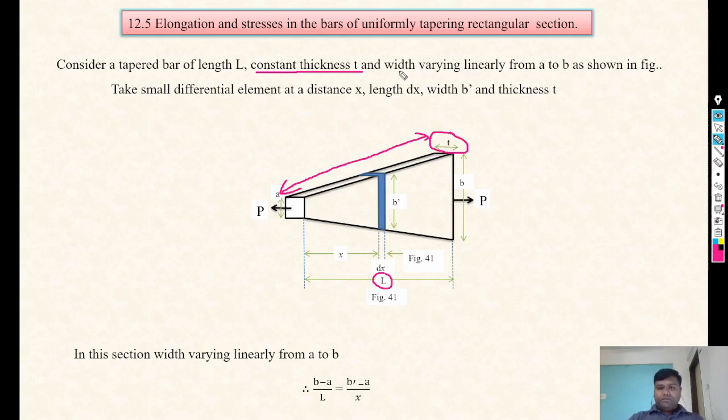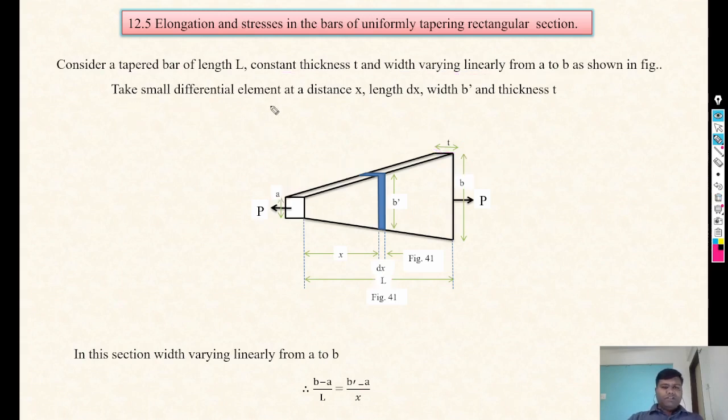Then the width varies linearly from a to b, meaning at the left end the width is a and at the right end the width is b, and the width varies constantly from a to b. That is what we are considering for this derivation.